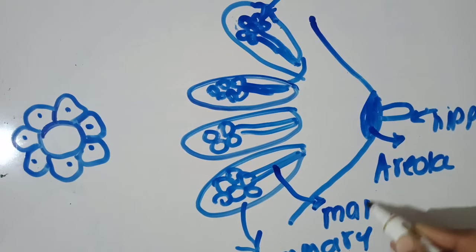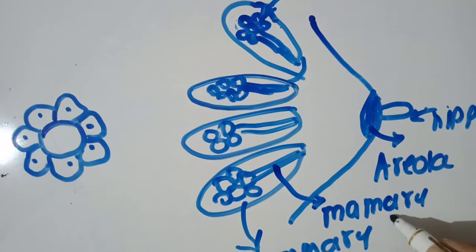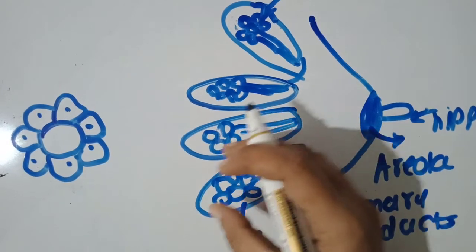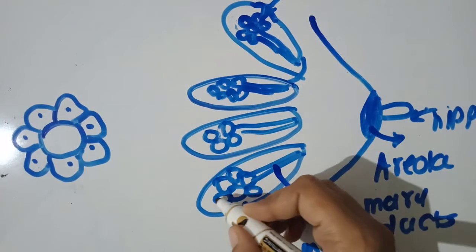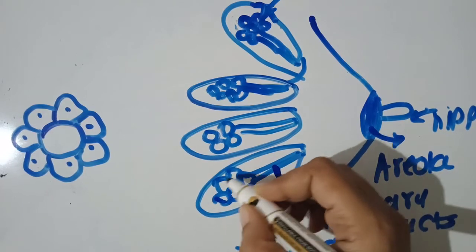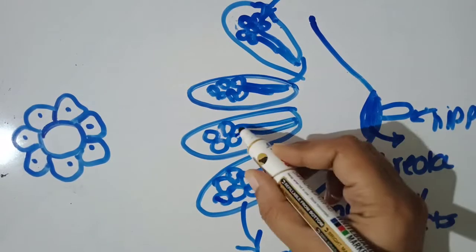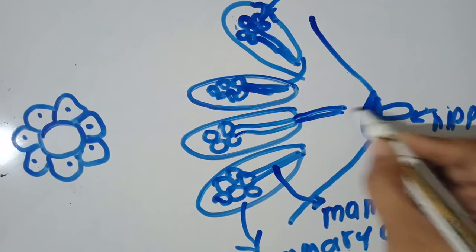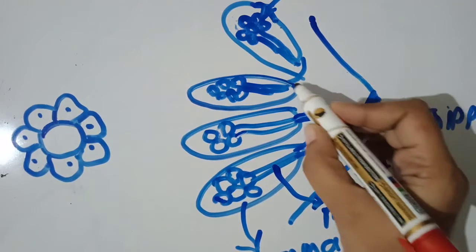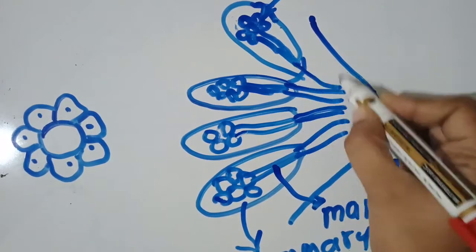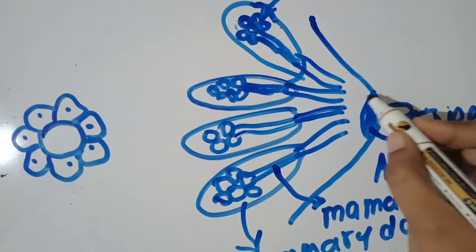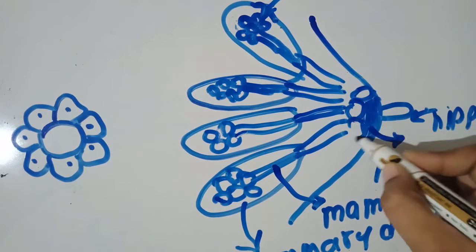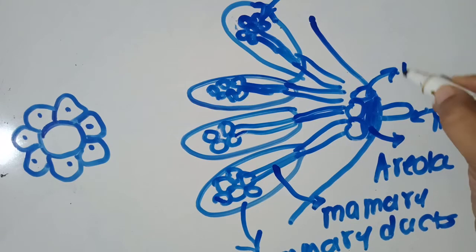The mammary duct carries whatever milk is secreted by the alveoli towards the nipples, and below the nipples there are sinuses. These are called mammary sinuses.